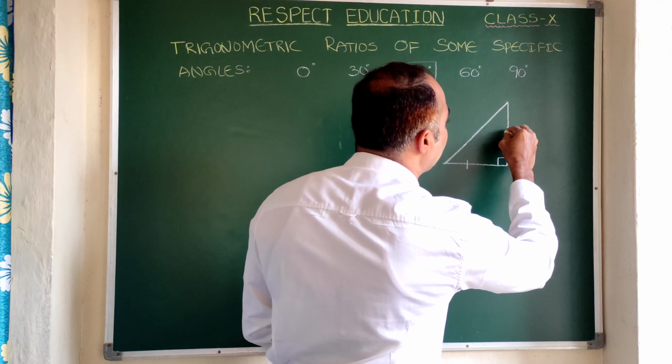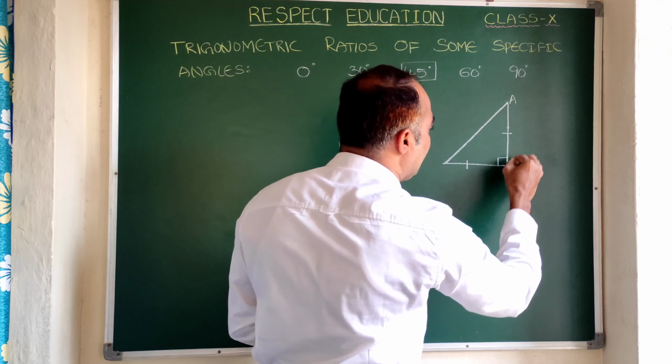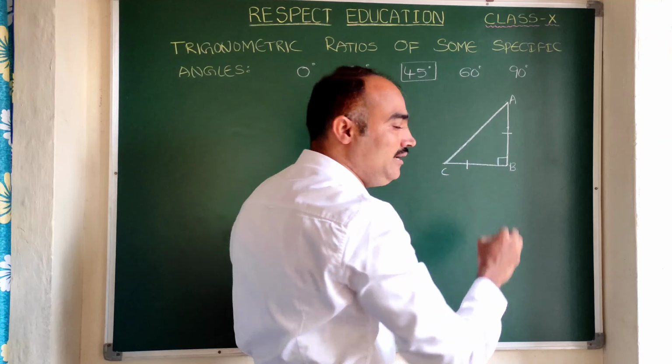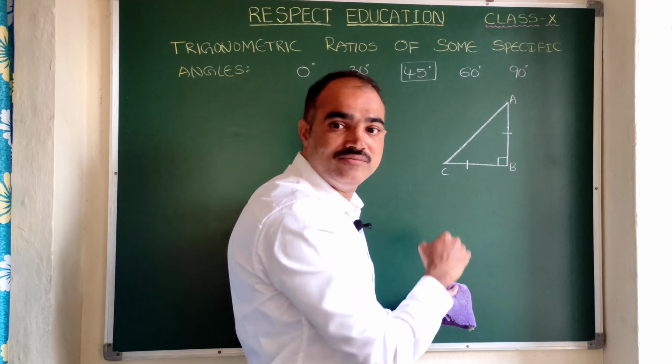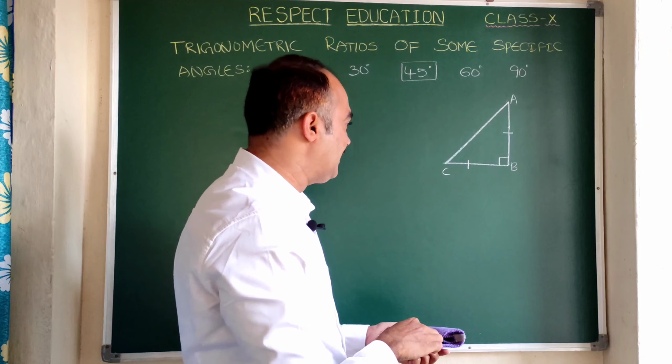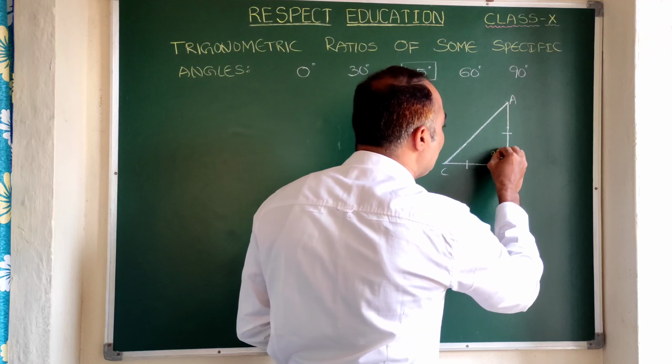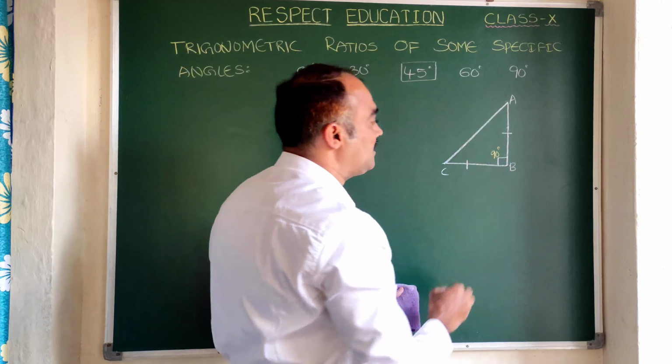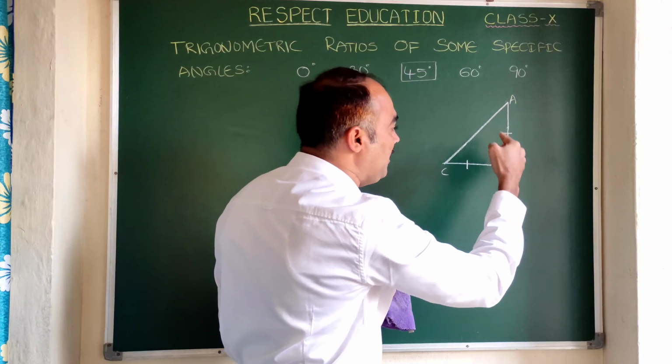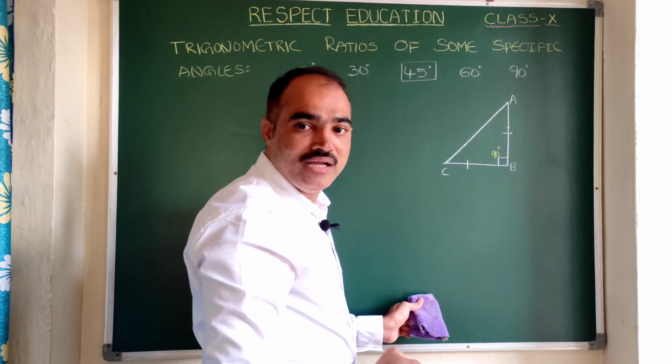So let us name it as triangle ABC, in which angle B is 90 degrees. That is right angle triangle. That too, here these two symbols indicate that the side AB is equal to side BC.